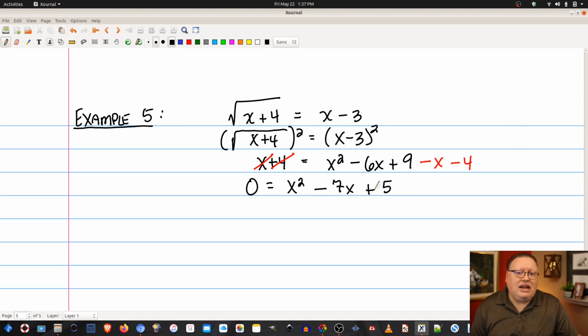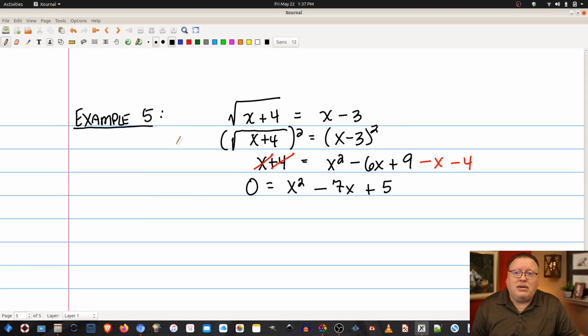If you look at it, this 5 is not going to have any factors that multiply to 5 and add to a negative 7. So we're going to have to use the quadratic formula. You could use other methods like completing the square, but in this case, we're just going to do the quadratic formula. Okay? So we need to identify our a, b, and c.